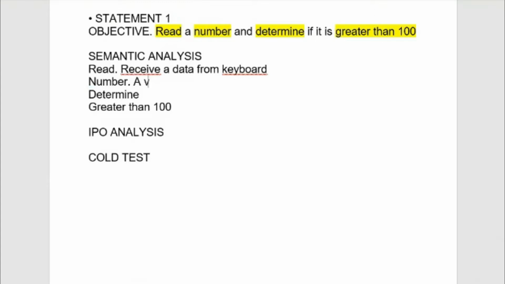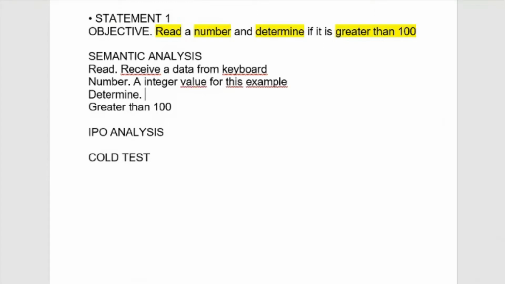What is a number? A number is a value. In these examples, the number is an integer. So, we are going to define the number as an integer value for this example.